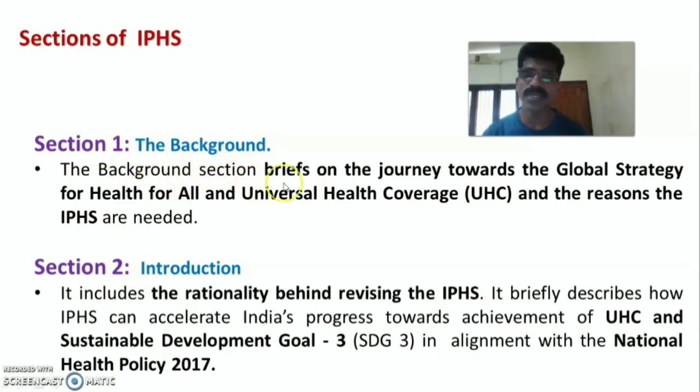The background briefs us about the journey towards the global strategy or global action plan, that is, towards health for all and universal health coverage, UHC. It briefs about the journey of the Government of India to achieve the global goals of health for all and universal health coverage.